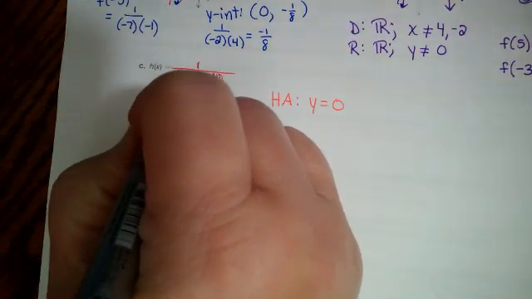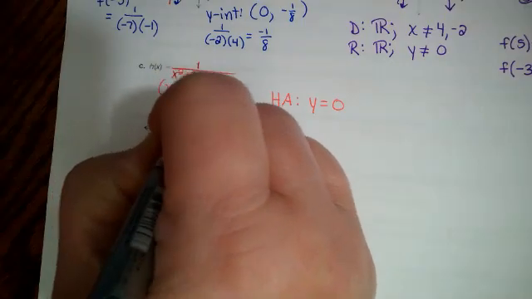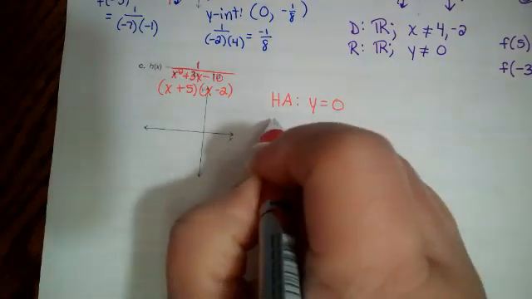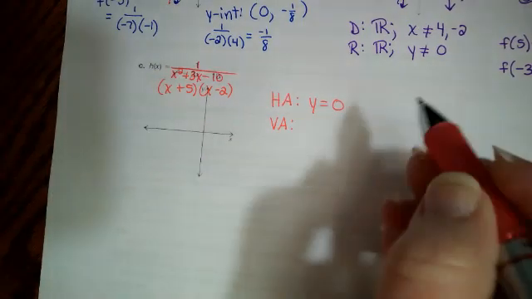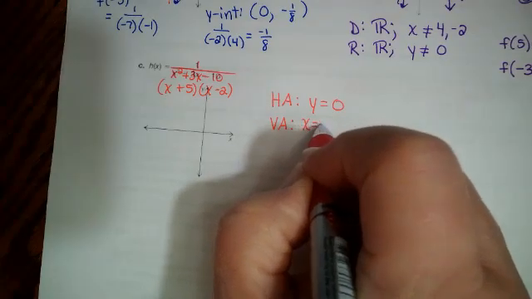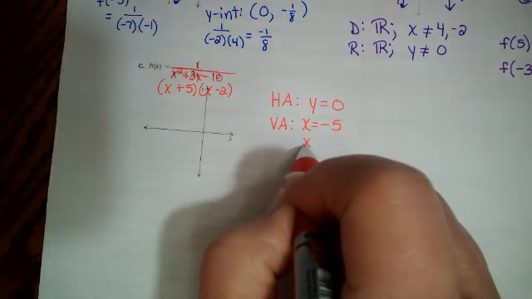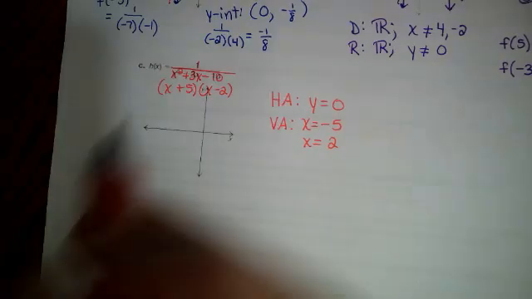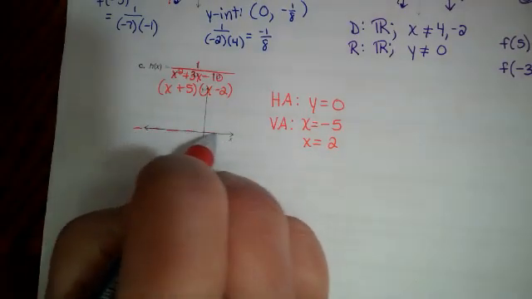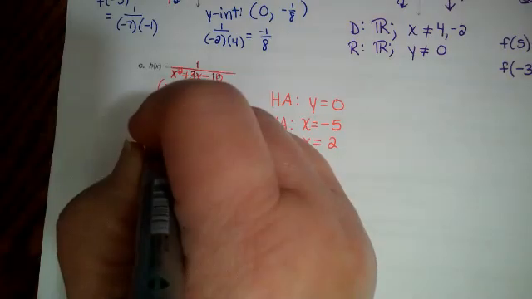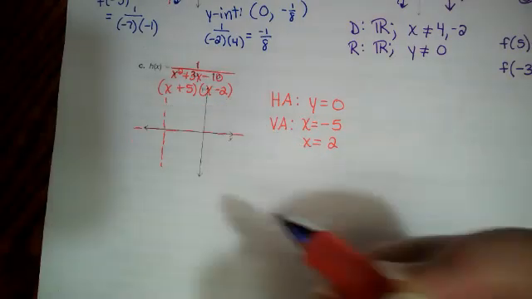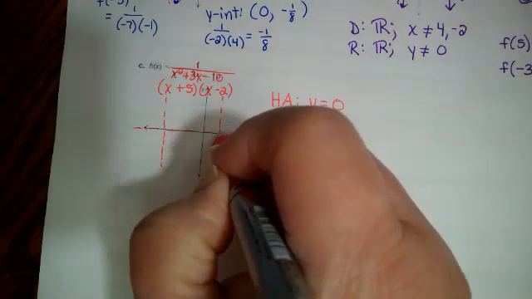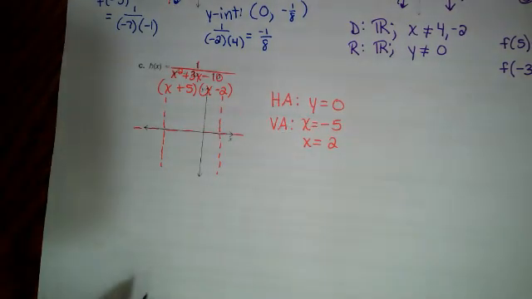This becomes (x plus 5)(x minus 2). And that's going to give me my vertical asymptotes of x equals negative 5 and x equals positive 2, whatever makes the denominator equal 0 after you factor it. So here's my horizontal asymptote. x equals negative 5 is out here. x equals 2 is over here.